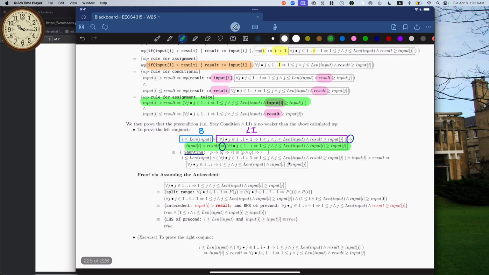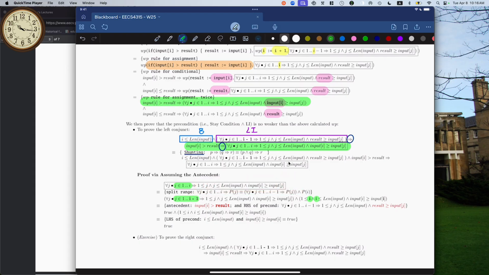Here we say J should range over 1 to I. So we can split that into I minus 1 and also I itself. That means we're going to replace every occurrence of J over here just by I. For example, you can see J here, and also J here. That's why you're going to see I and I right here.